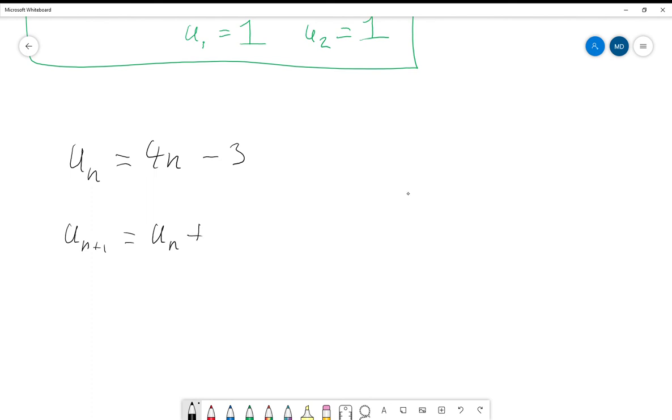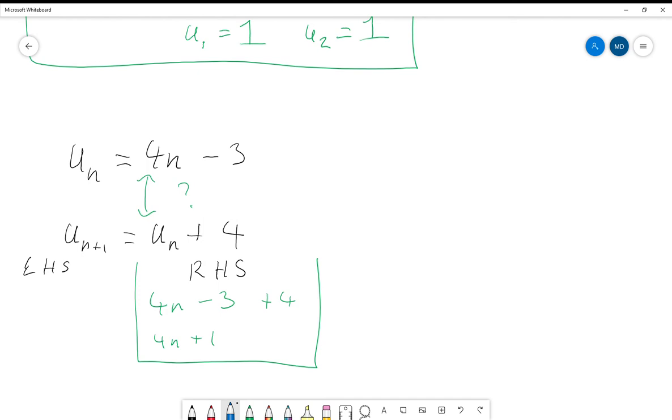And we want to show that those are actually the same thing. Well, to do that, we need to consider both the left-hand side and the right-hand side and see what happens when we plug in this sequence. Let's check if these are actually representing the same thing. So on the right-hand side, it's pretty easy because we're just going to get 4n-3 plus 4. And what does that become? Well, that gives us 4n+1. That's the right-hand side.